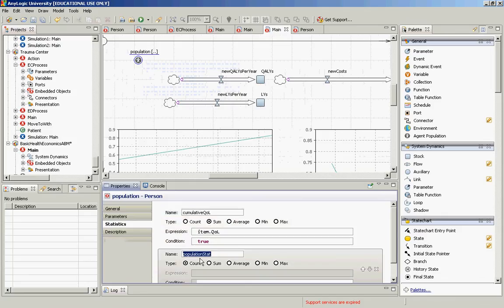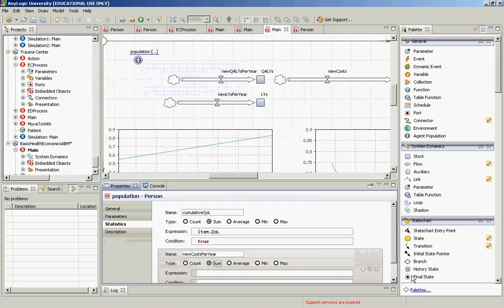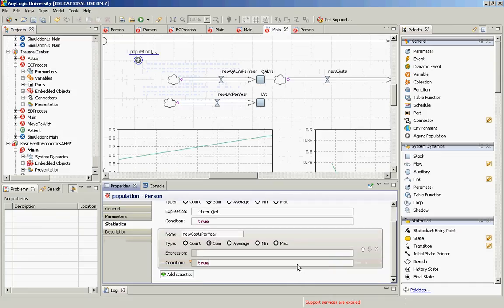Let's call it new costs per year. We're going to be summing up over all members of the population, so for each person, called item, we're going to be asking for their cost per year.